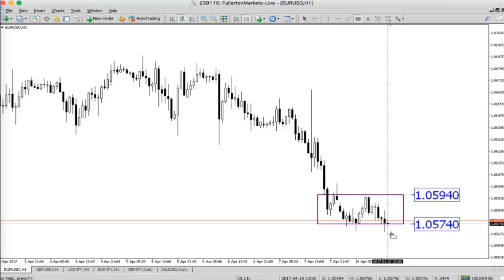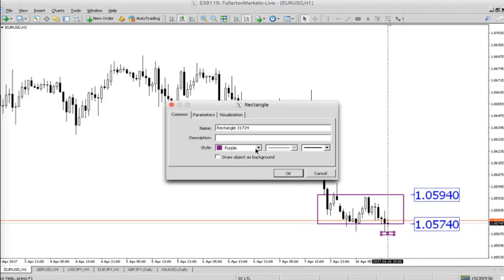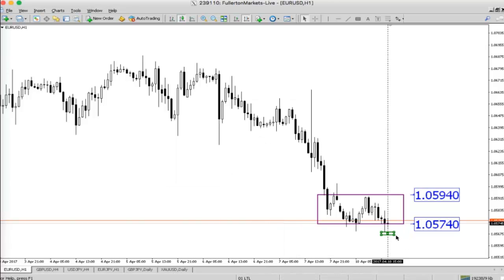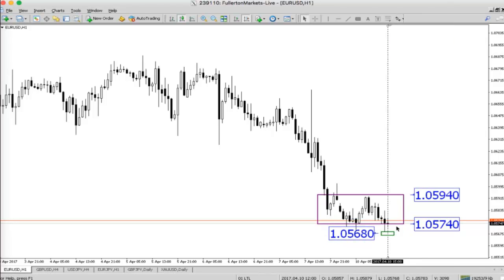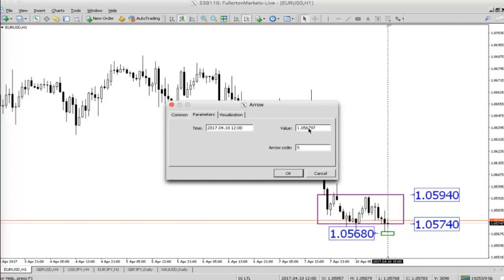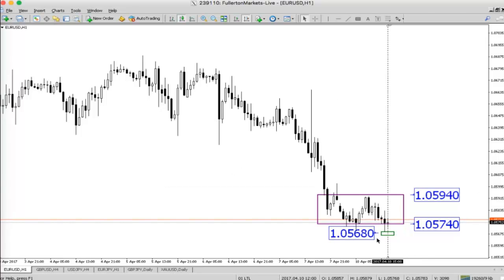So one of the suggestions is, of course, I will be looking for a breakout trade if it does close at the green box there. I'm going to put a price so that it's easier for you to take note of. 1.0568.